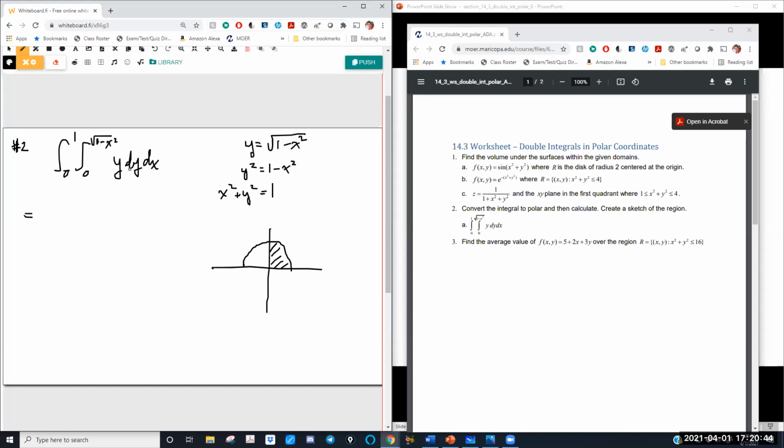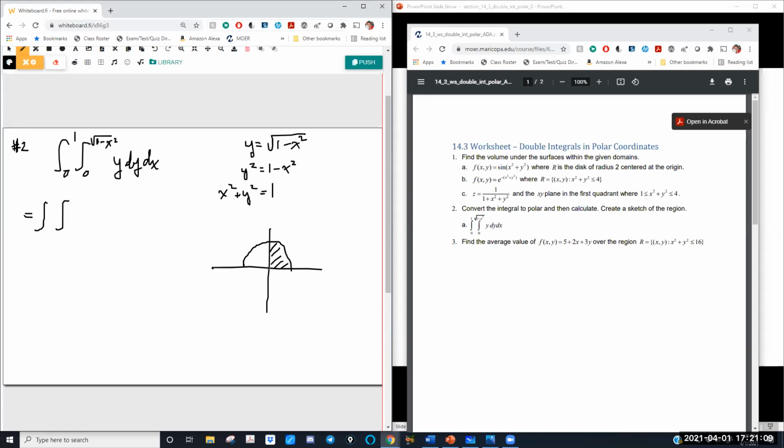Then we'll talk about changing the integrand. Now, because our region is circular, all of our limits are going to be constants. Why is that a valuable piece of information? Well, that means the order of our integration does not matter. I can do r first, or I can do theta first. Out of habit, I always do r first.